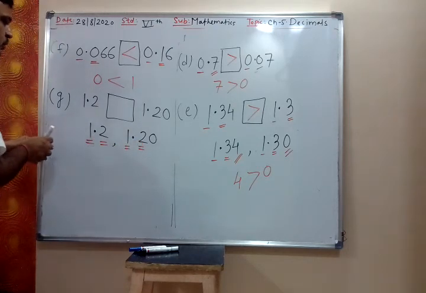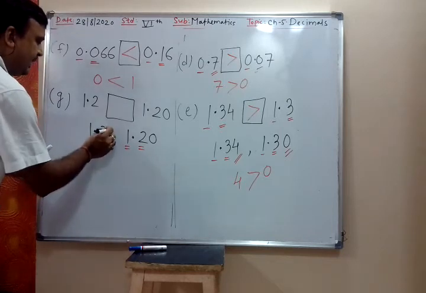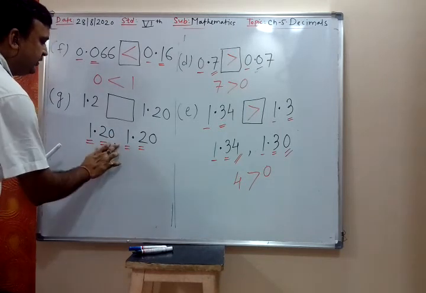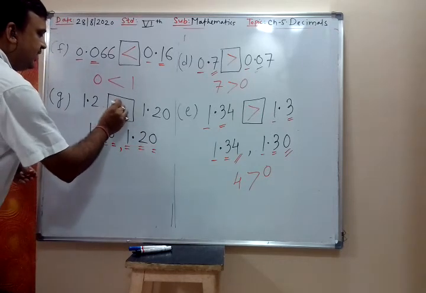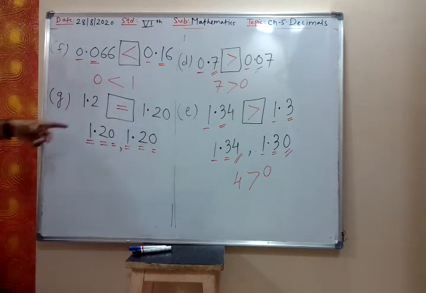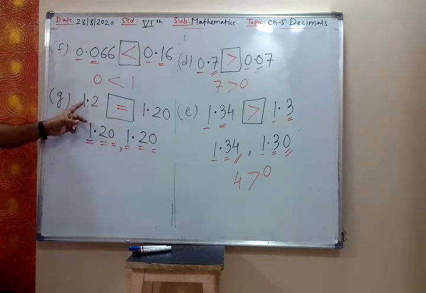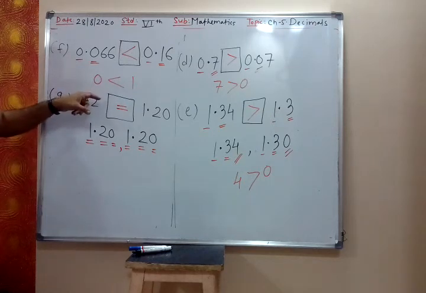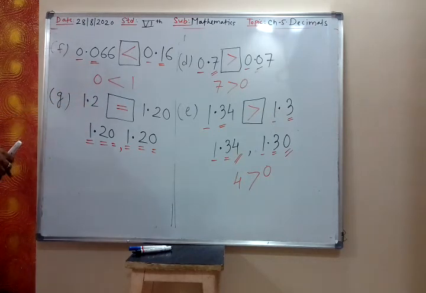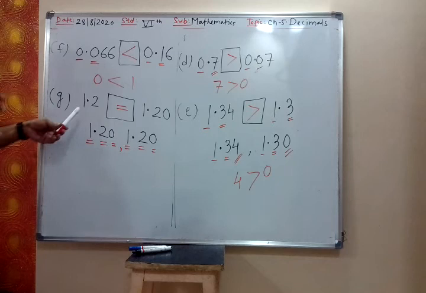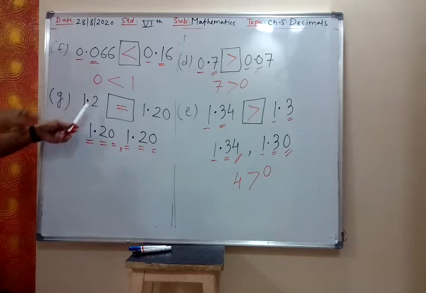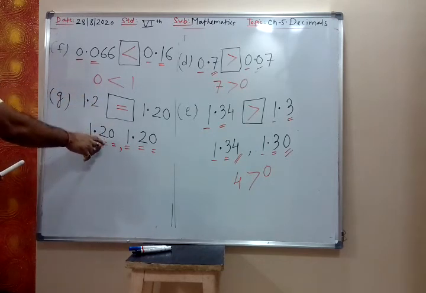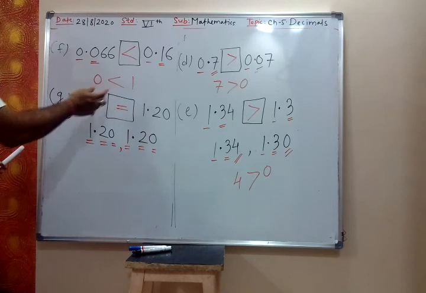Then I can write 1.2 as like decimals by adding 0 to the right. So 0 is same as 0. So they are equal, because we have converted them into like decimals. 1.2 I can write as 1.20, and this is 1.20, they are equal.